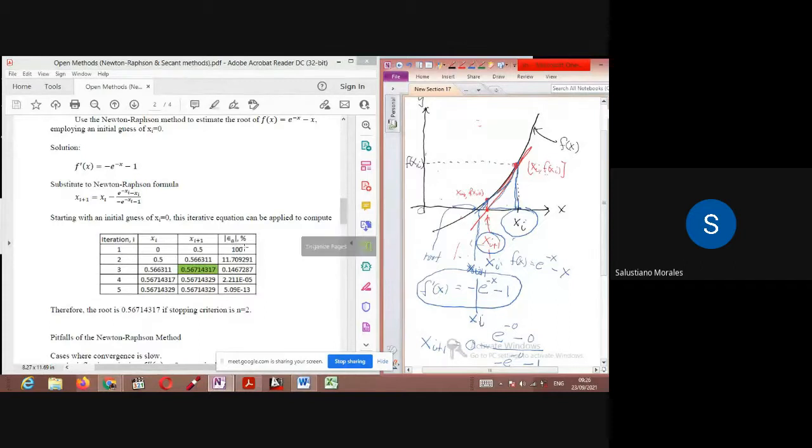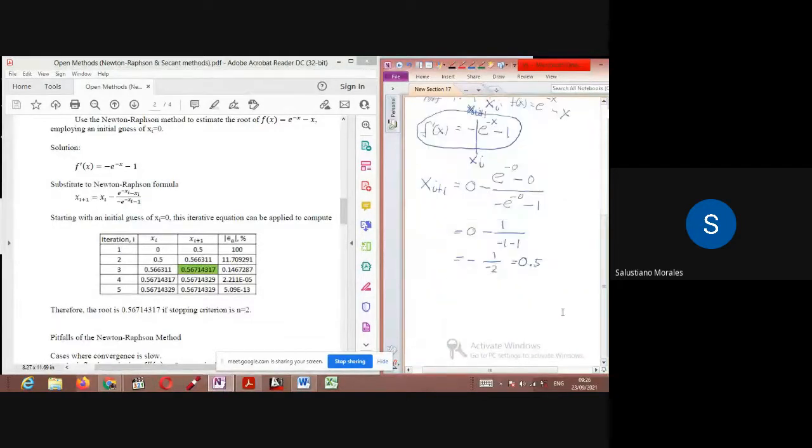So in that procedure, what happens in our solution is our x sub i now will become 0.5. Then compute again the value of x sub i plus 1 using the same formula. So I will compute how we could arrive at 0.566.